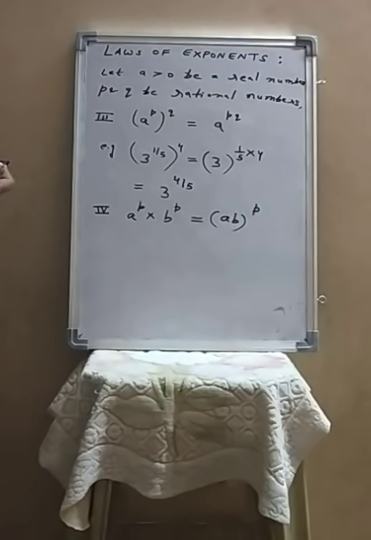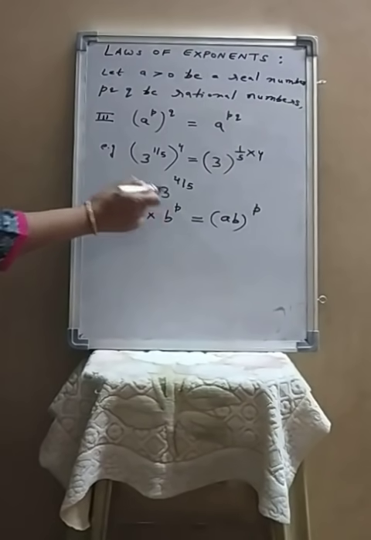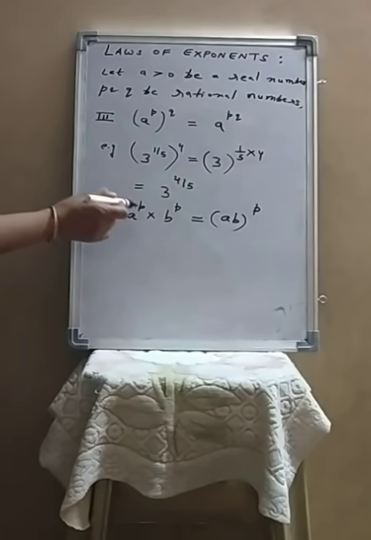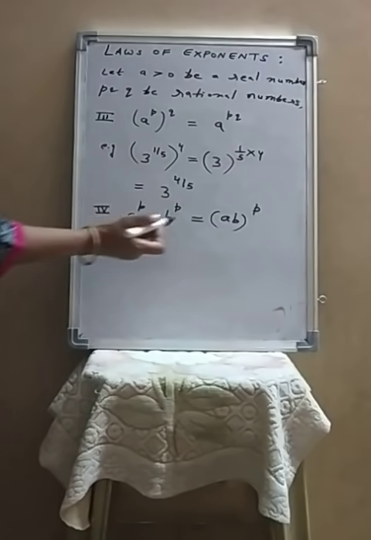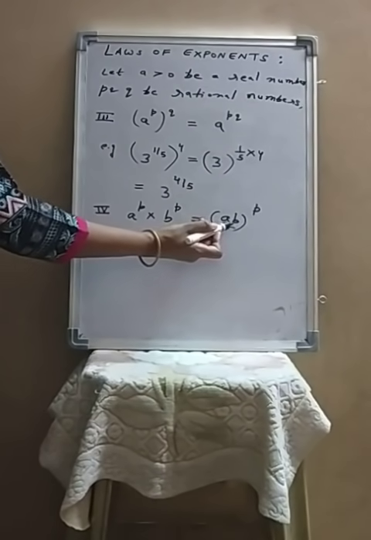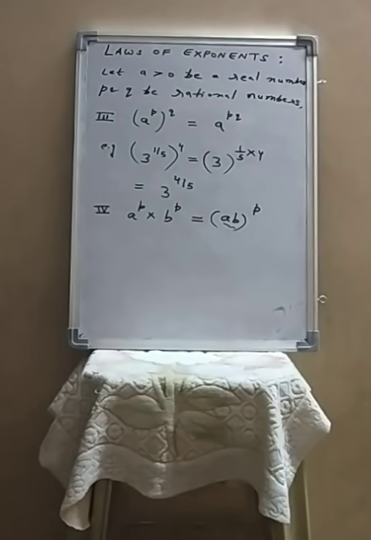So here you can see that bases are different and two numbers are in multiplication, but power is the same. So if bases are different and power is the same, we can take the product of these two numbers and we can keep the power only once.